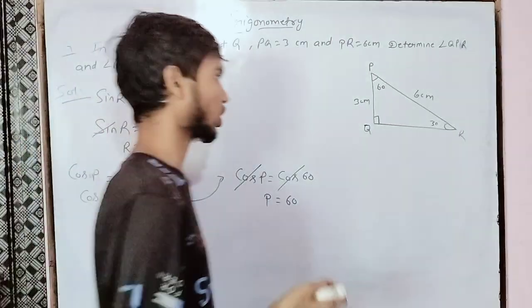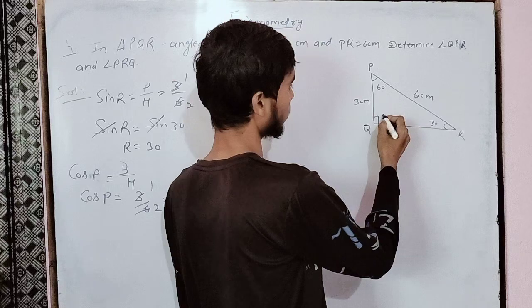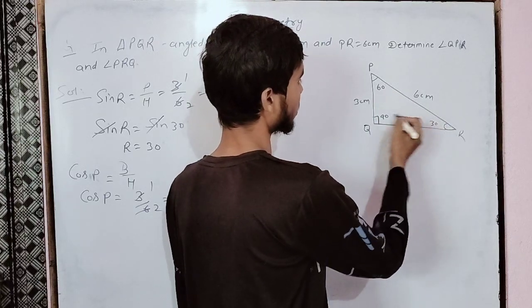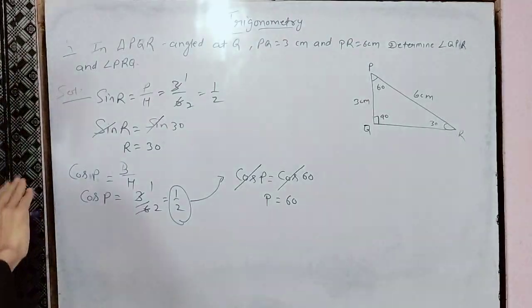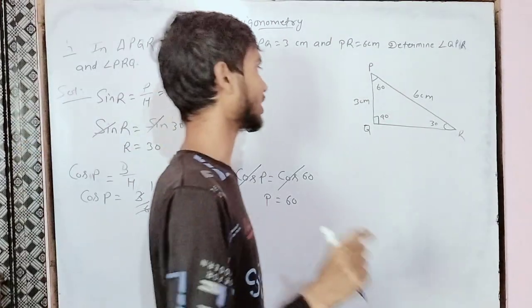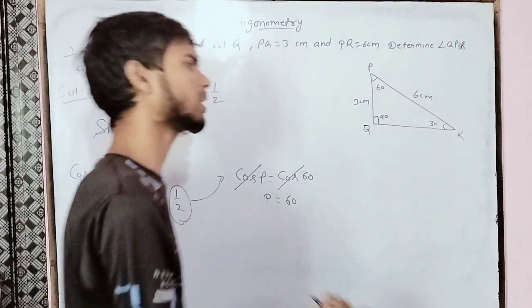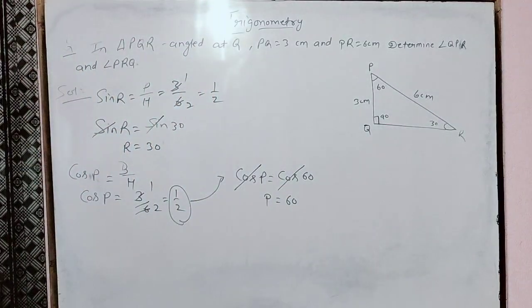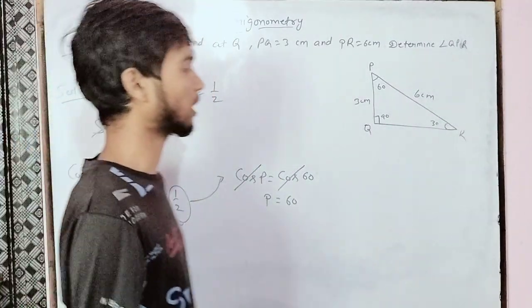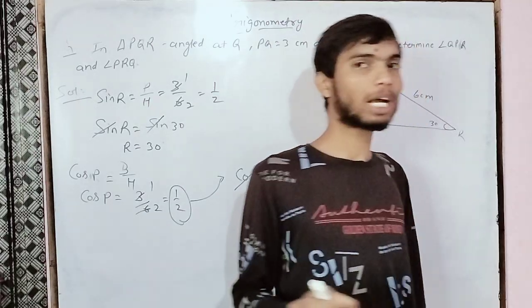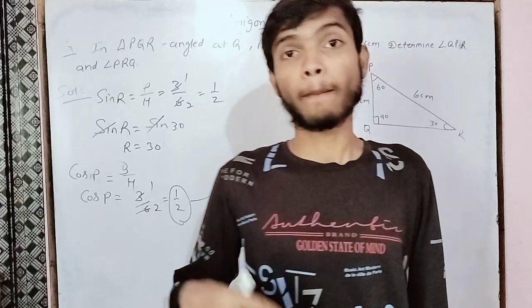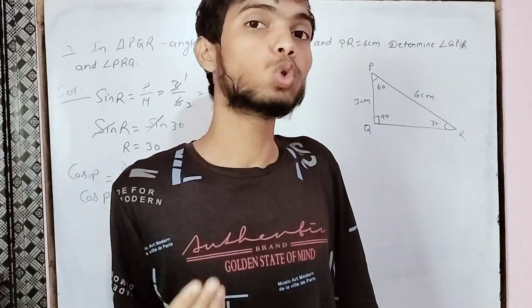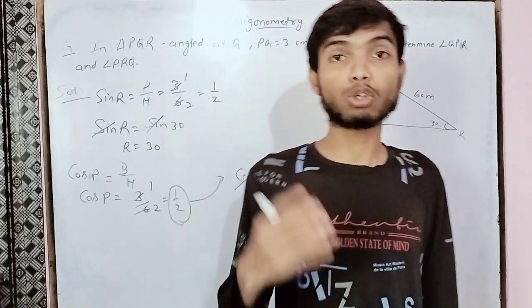Now is our answer correct or not? You can check. How? This is making 90. The sum of the interior angles of a triangle is how much? 180. And here 90, 180. That's why our answer is correct. So the question was saying you have been given the measure of two sides of a triangle and you have to identify the value of two angles which are not given.